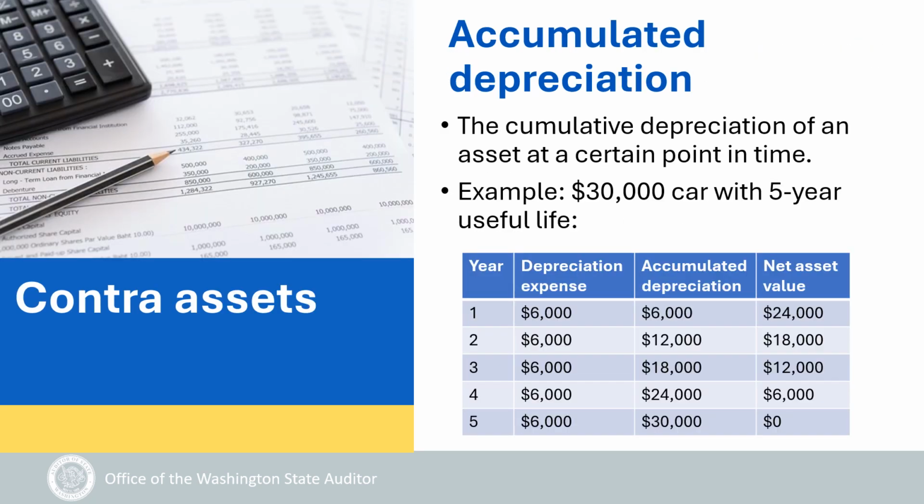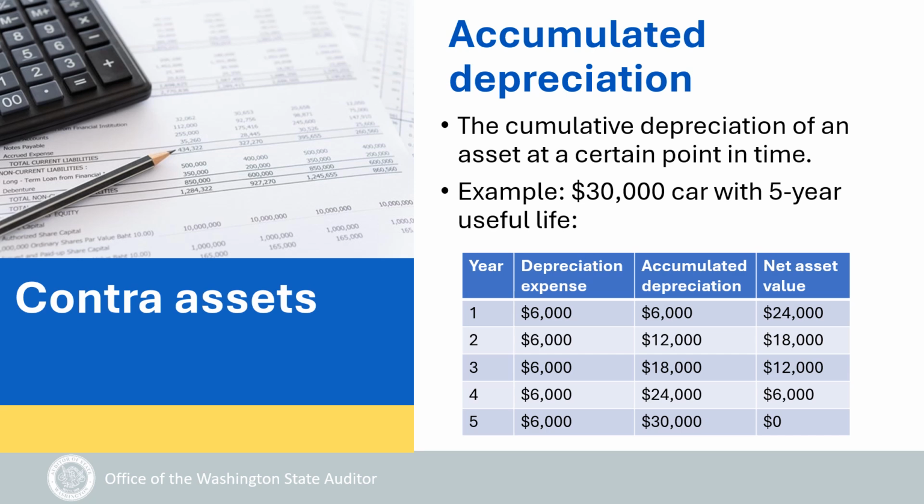This takes us to the next account called accumulated depreciation. Accumulated depreciation is the cumulative total of depreciation expense that has been recorded for an asset at a certain point in time. In our car example, in year 1, they recognized $6,000 of depreciation expense. So the accumulated depreciation at the end of year 1 is $6,000.